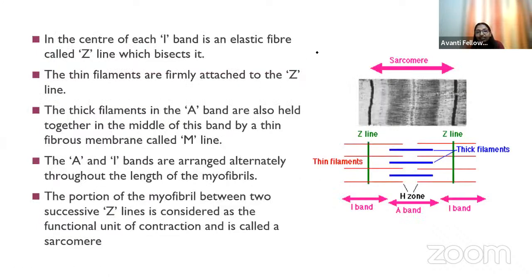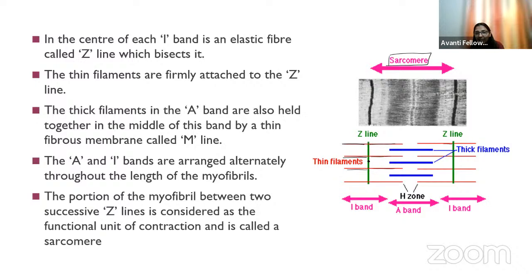Now let's discuss the structure of the sarcomere. As you know, the functional unit of the muscle fiber of the skeletal muscle is sarcomere. So these red lines are the actin filament or the thin filament, right?